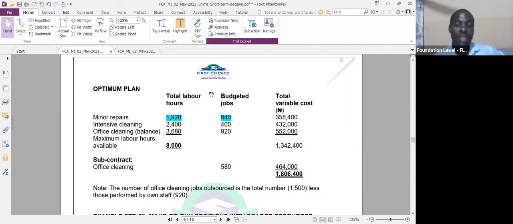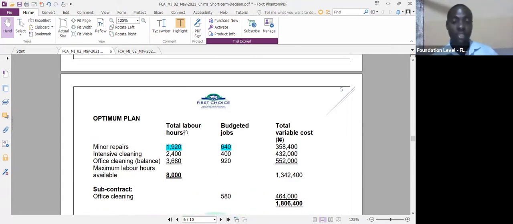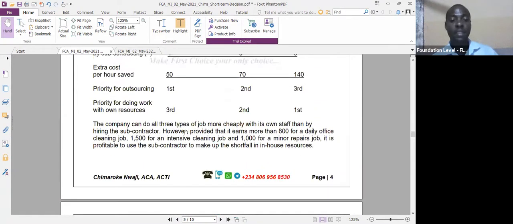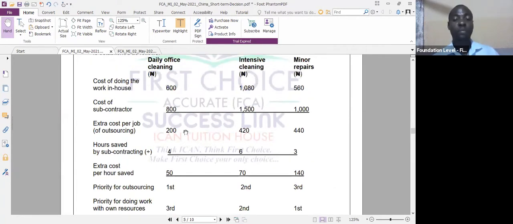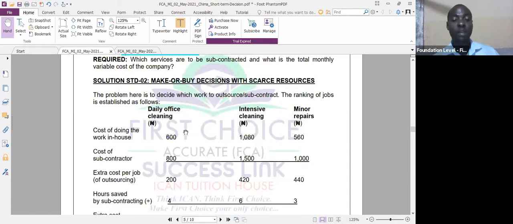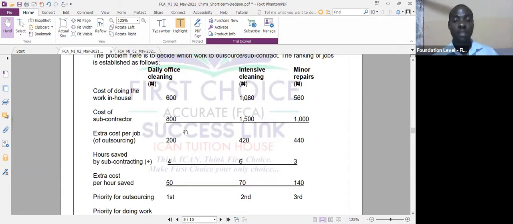So, but that is how it is done. So you cannot do the whole 1,500 jobs. It means you have to prorate to see which jobs can give you confidently 3,620. So what do you do? You divide 3,680 by the number of hours per job. Number of hours per job. I think number of hours per job is 4 naira.